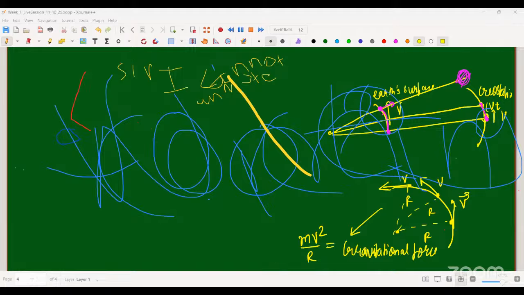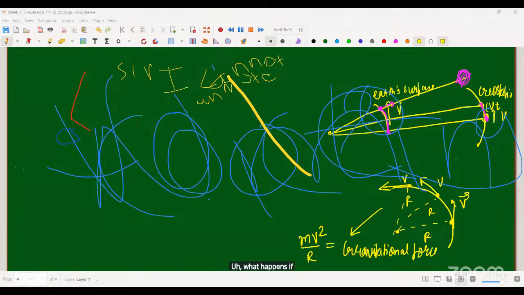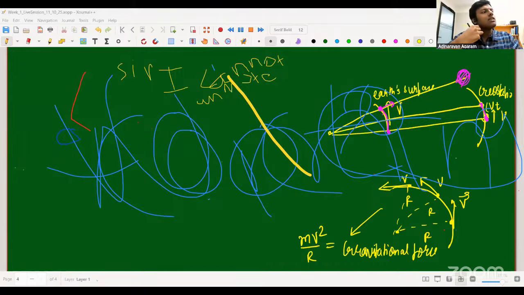Good evening, sir. What happens if a plane is struck by lightning? It's a good question. Planes are made up of conductor. Most of the planes right now are made up of aluminum sheets.